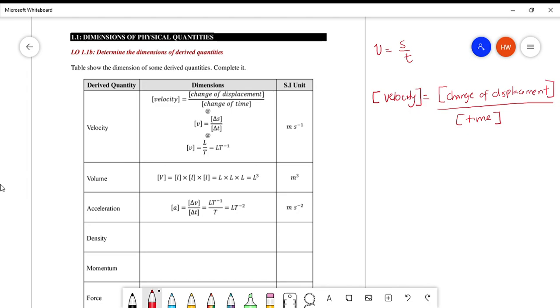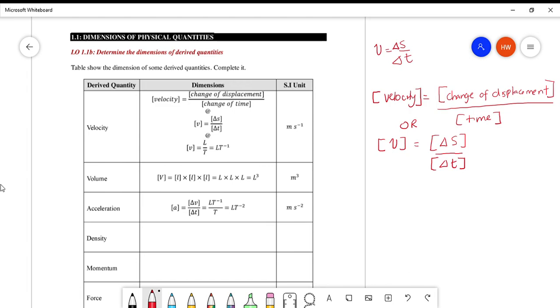So you can either write it like this, or you can also write it as v equals, sorry, there is delta here, delta s over delta t. You have to put the square bracket because we want to find the dimension for the quantity.